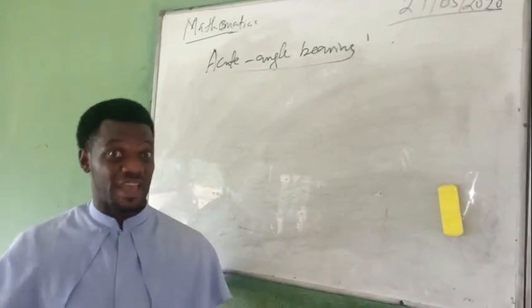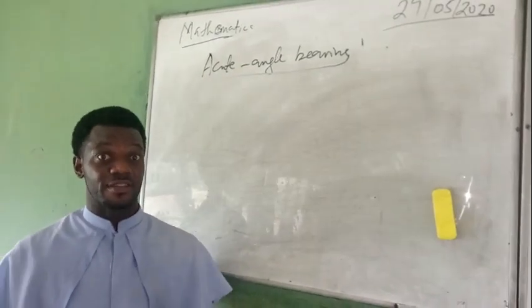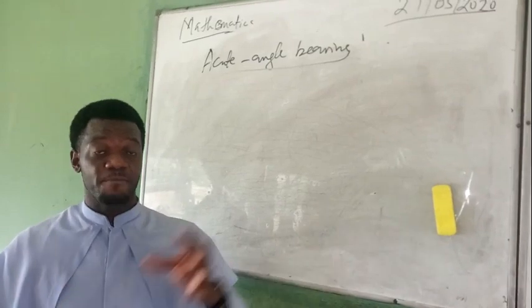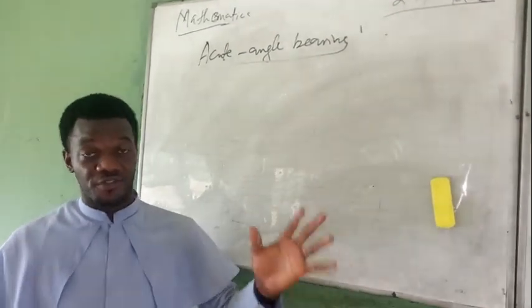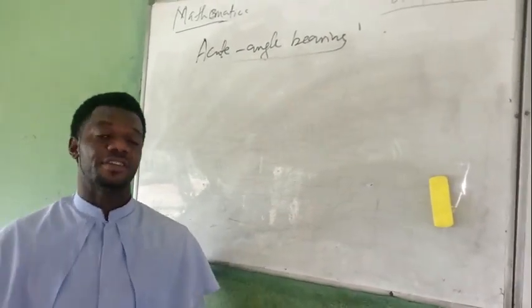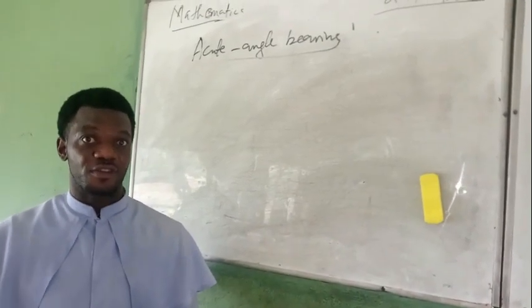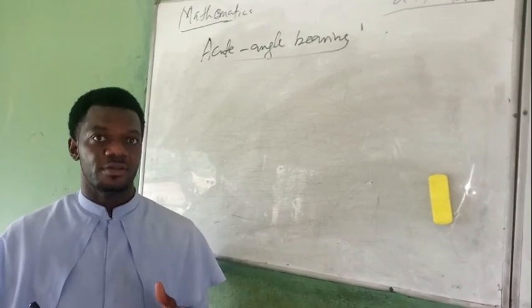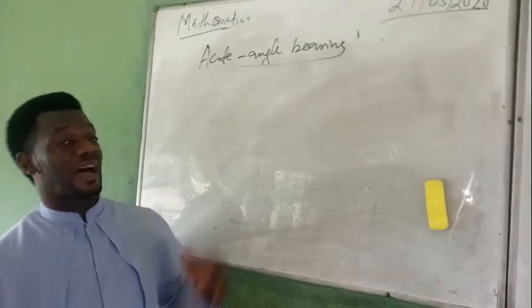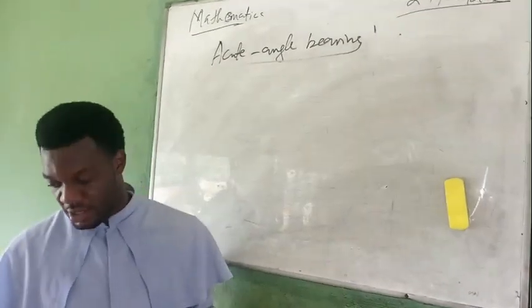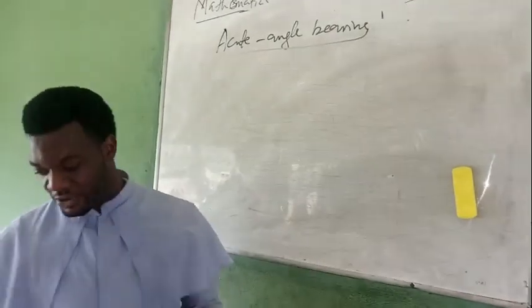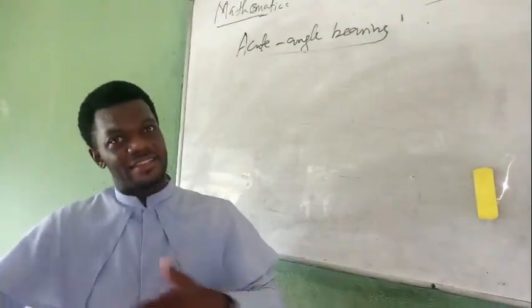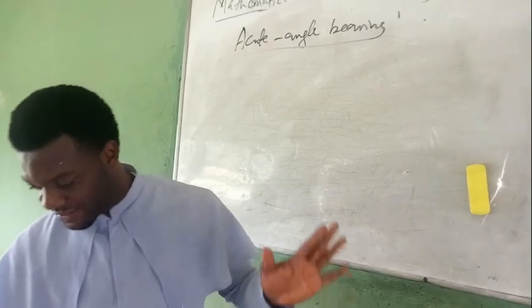When you talk about an acute angle, you talk about an angle from 0 to 90 degrees, not more than 90 degrees. Any angle below 90 degrees is considered an acute angle. So when we're talking about acute bearing, we talk about an angle that is less than 90 degrees.